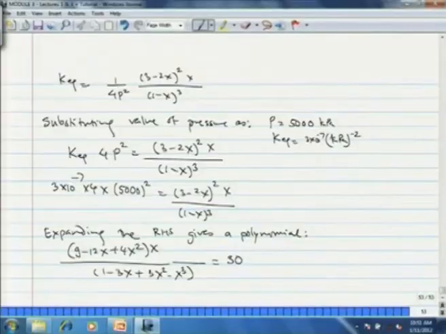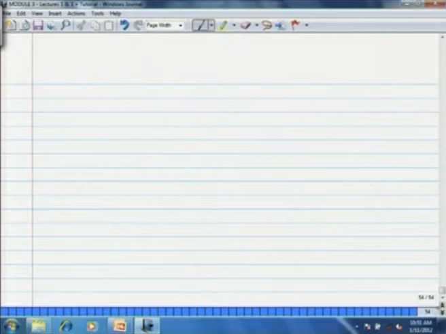The polynomial that you get after expansion of this particular quantity is 34x cube minus 102x square plus 99x minus 30 is equal to 0.